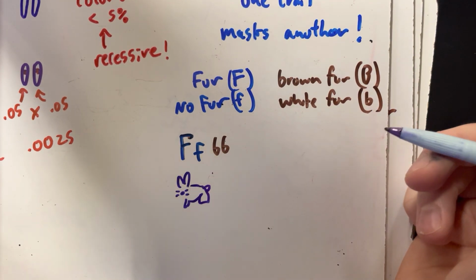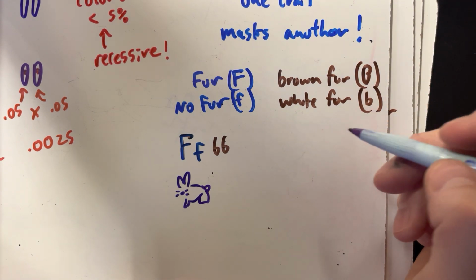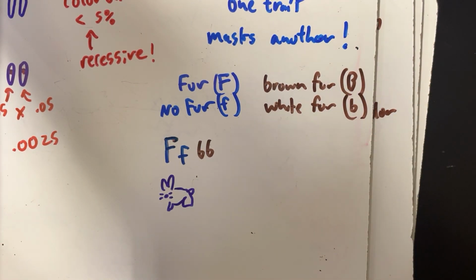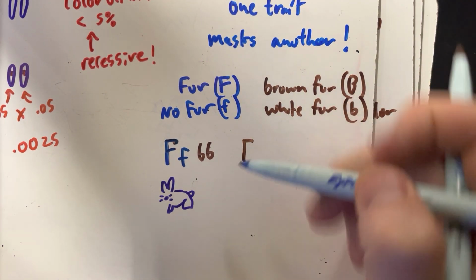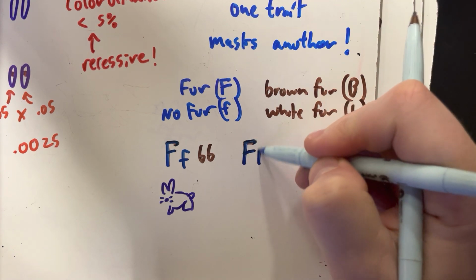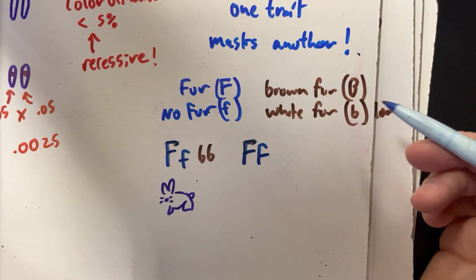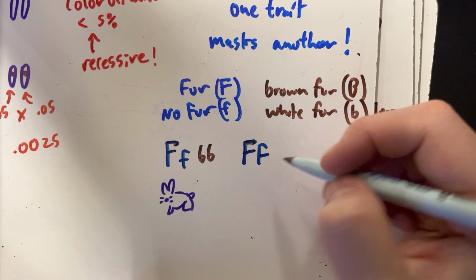Here's my little bunny. What if he had fur? Keep mixing colors up. What if he had fur, like big F, and then he had brown fur? What would he look like?